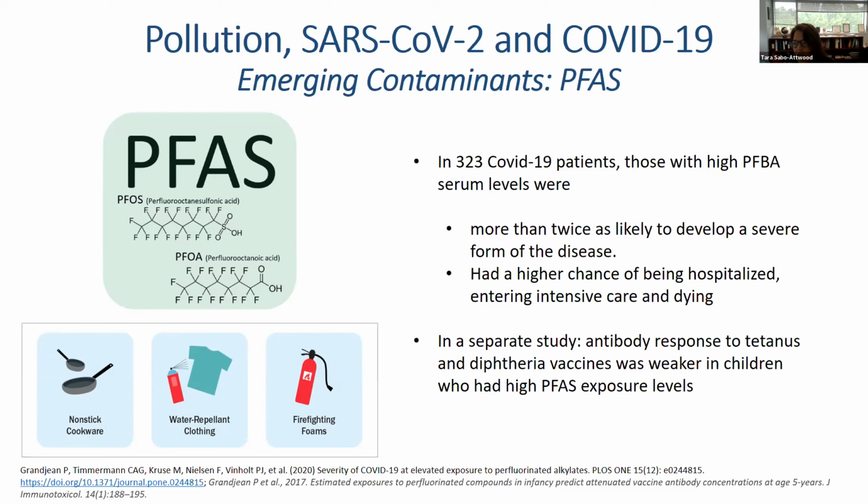And what they found in that study was that those individuals that had high levels were more than twice as likely to develop severe forms of COVID and had higher chance of being hospitalized, entering intensive care, and ending up dying. And so there's quite a few other studies out there that are linking PFAS exposures, or at least PFAS levels, high levels in serum and other tissues, to immune effects. And so it's certainly relevant to look at with COVID-19 and SARS-CoV-2 like infections.